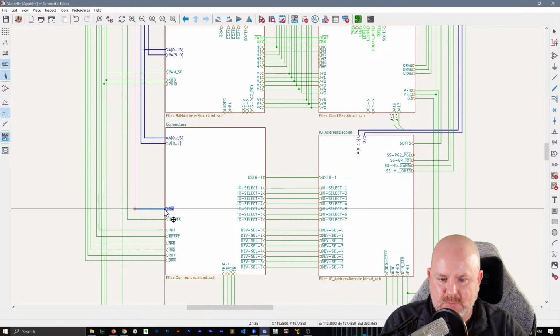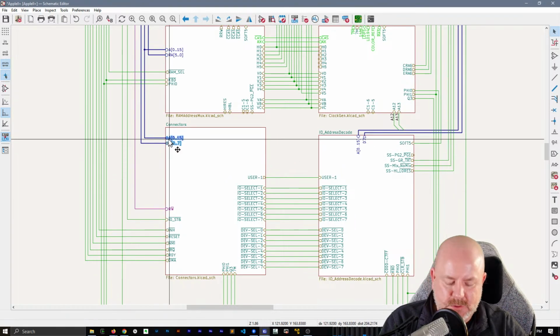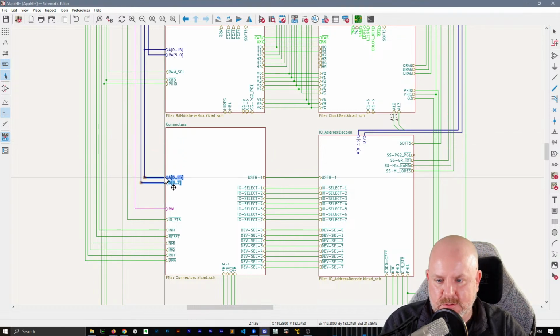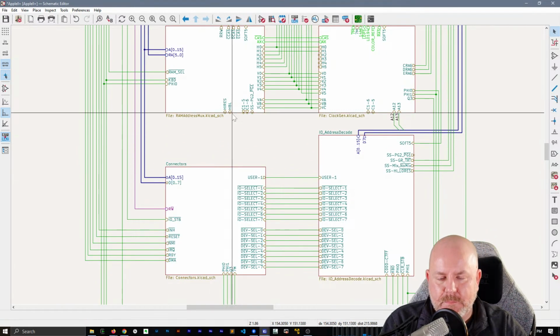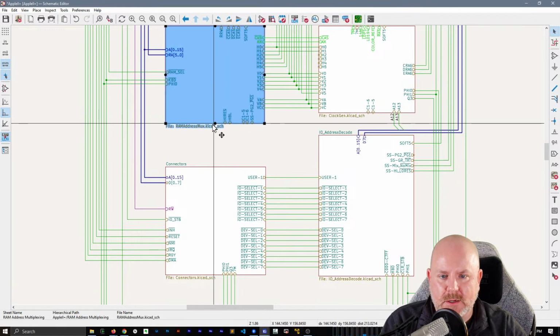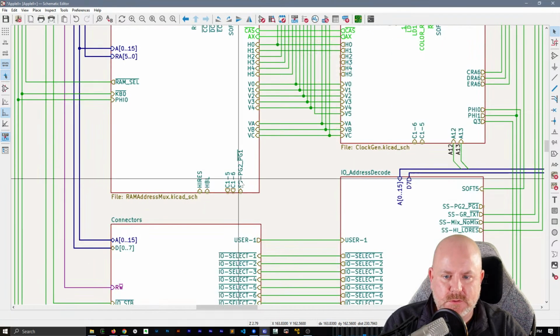And this will move to here. And then let's grab this one and move it down to here. Because I want to make this block larger for these additional signals.